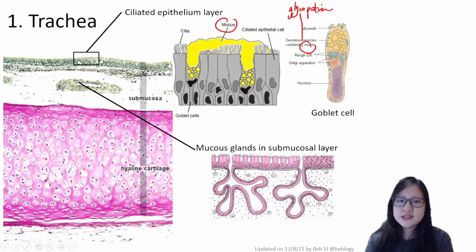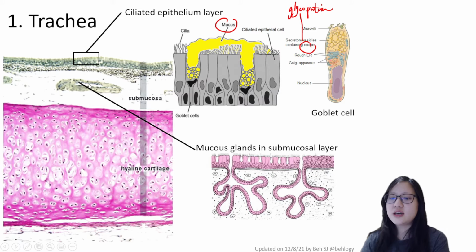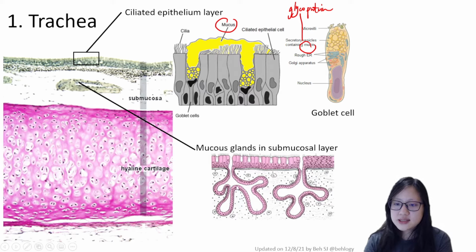Even though it doesn't look like it's connected here, that's because it's just a slice of the trachea. In real life, it's actually connected to the ciliated epithelial layer. We can see here how the mucous glands are wavy, and there's this empty space right here, which is not empty.